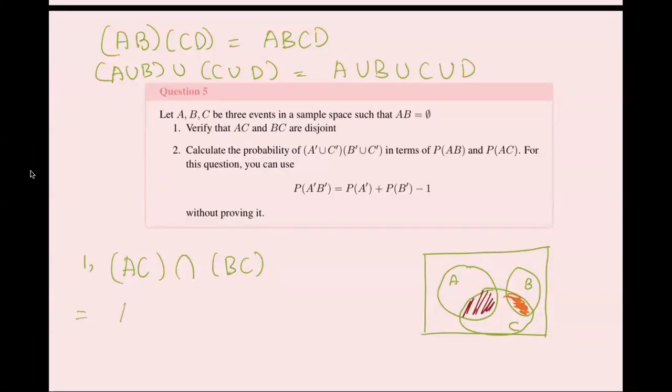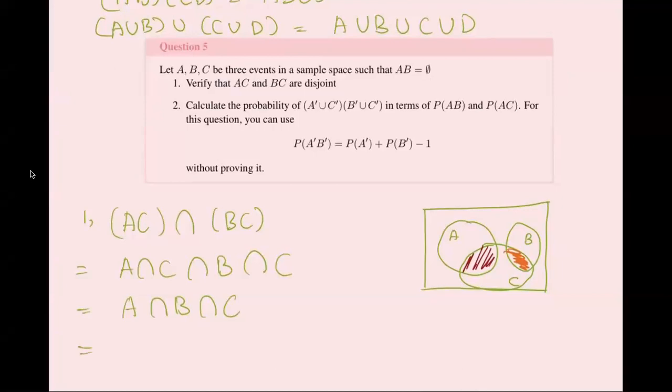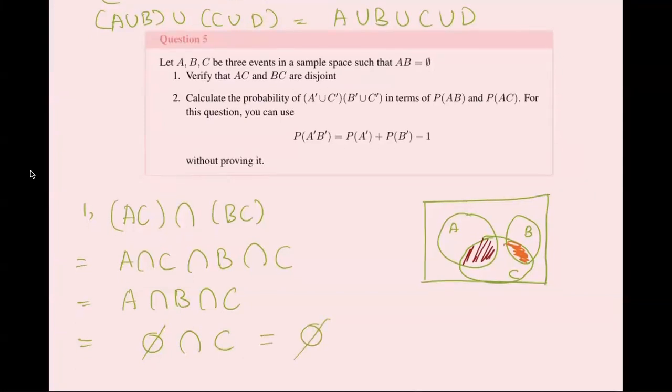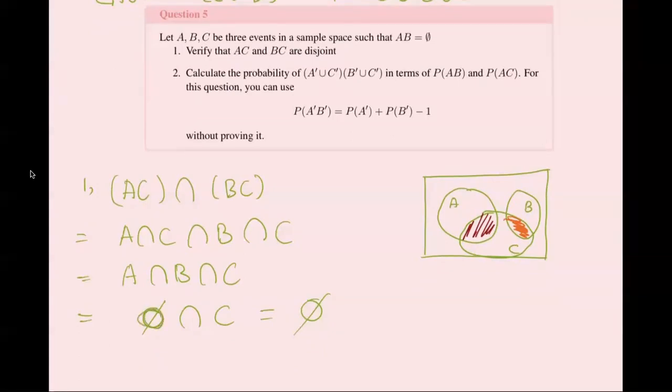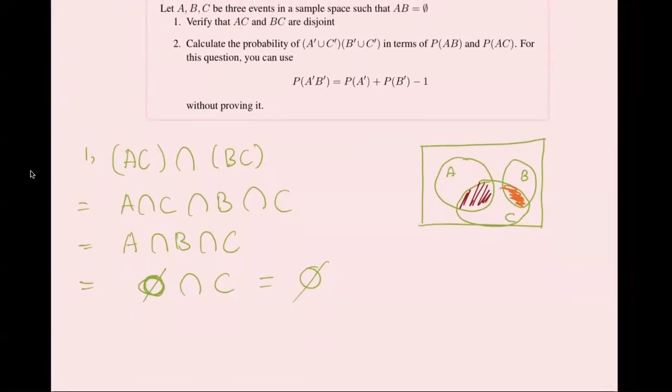So in here, I would have A union C, union B, and union C, right? And it turned out to be A union B, sorry, intersect C. And the first one is a disjoint set, intersect with C, and it becomes an empty set, which means that AC intersect with BC equals an empty set. Therefore, AC and BC are disjoint. So that is the first thing we know.